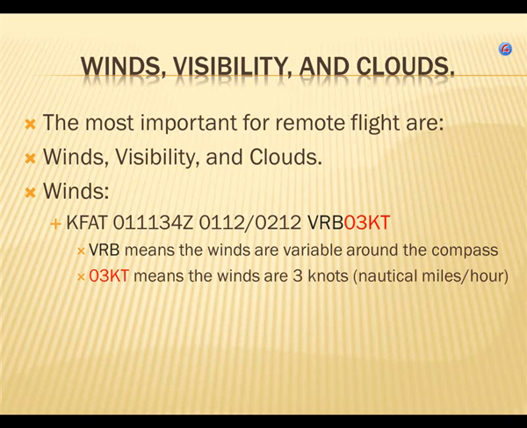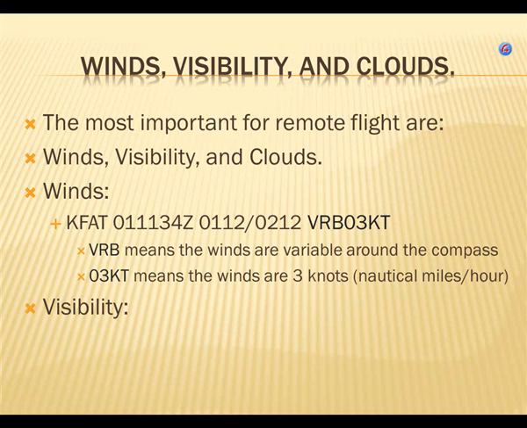03KT means that the winds are 3 knots, nautical miles per hour. Okay, visibility is, okay. Pardon? Well, if it's nautical miles per hour, that's what? To get miles per hour, you would multiply knots by 1.15.